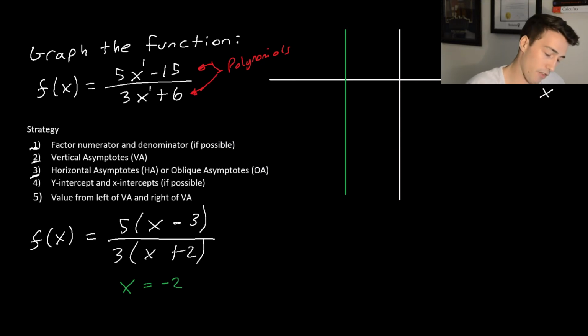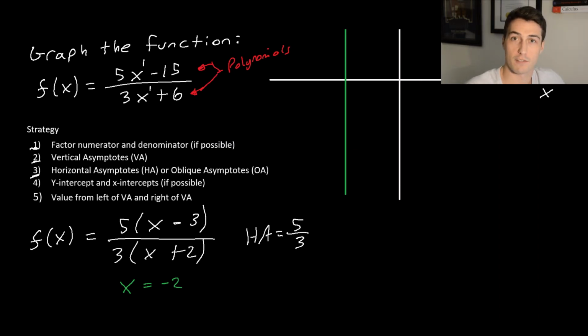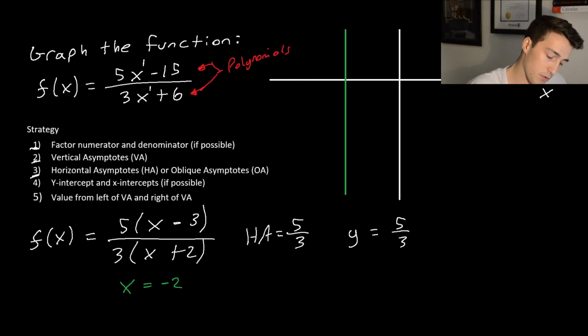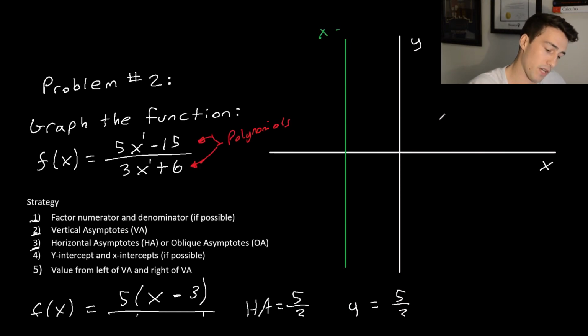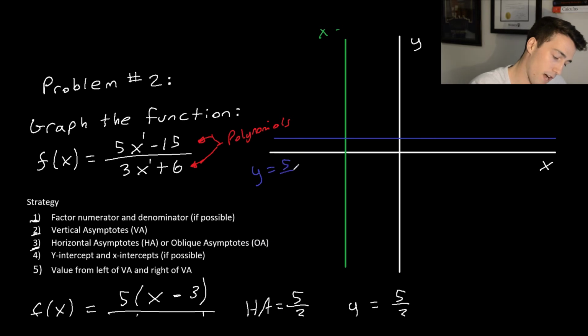So that's 5 and 3. So 5 divided by 3, that's our horizontal asymptote. So now that we have our horizontal asymptote of 5 over 3, we can write that as an equation of a line, y is equal to 5 over 3. And then we can graph that. So that's going to be this right here. We're going to have y is equal to 5 over 3, and that's our horizontal asymptote.